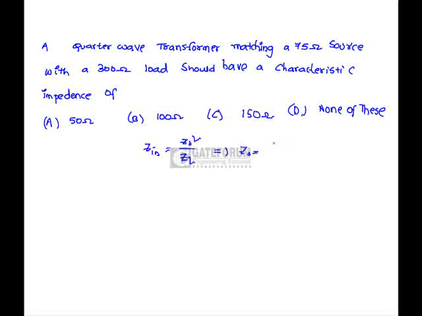Zin and ZL are given in the question itself. So Z0 is under root Zin ZL, that is under root 300 into 75, which is 150 ohms. Hence option C is correct.